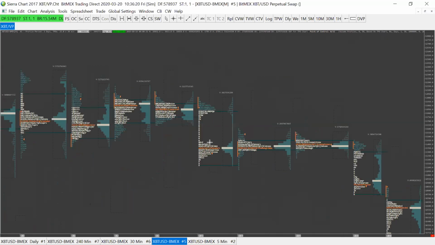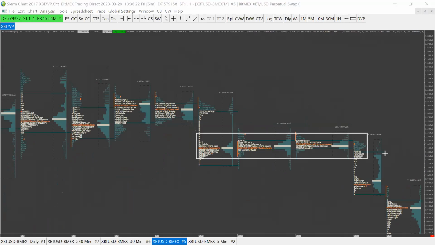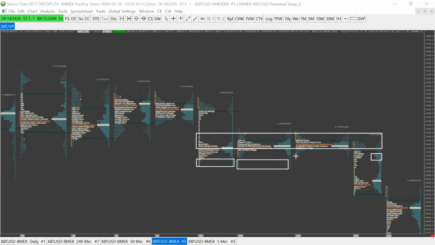And similar here, you get a range for 3 or 4 days. Halfway through this 4th day here, price starts building volume outside of value. Okay, the previous 3 days, really very little volume was transacted here, and on the 4th day, volume starts to build down at the lows.